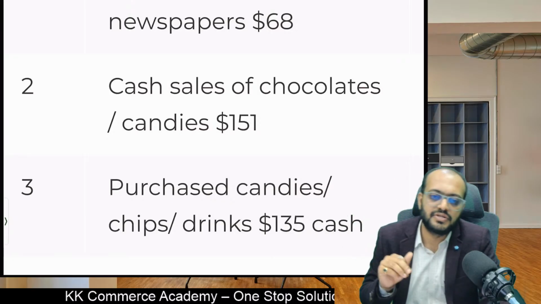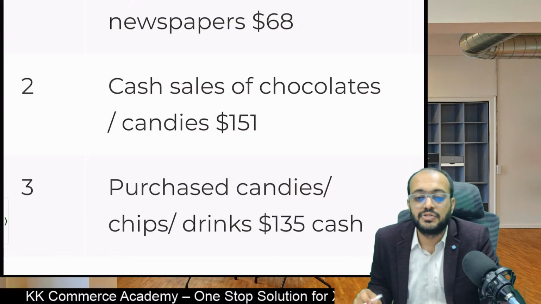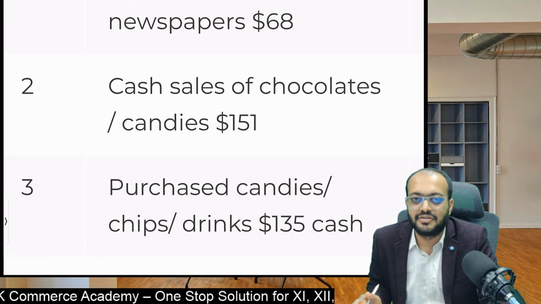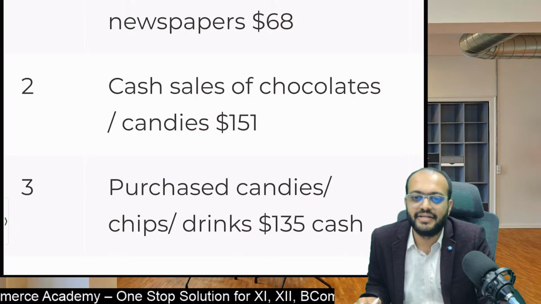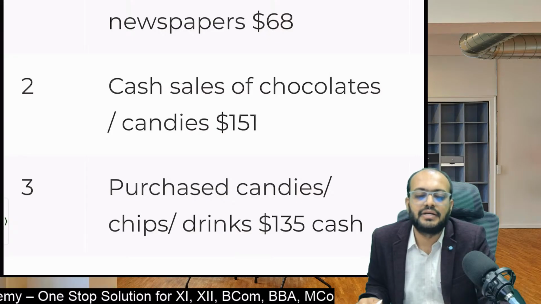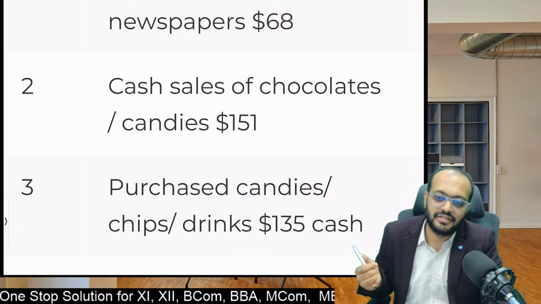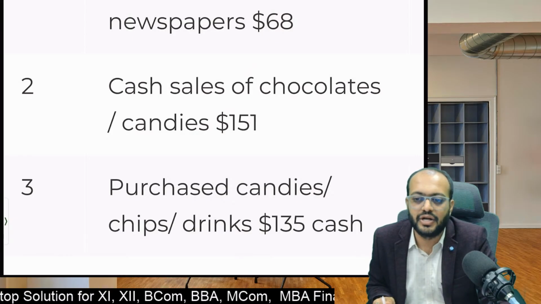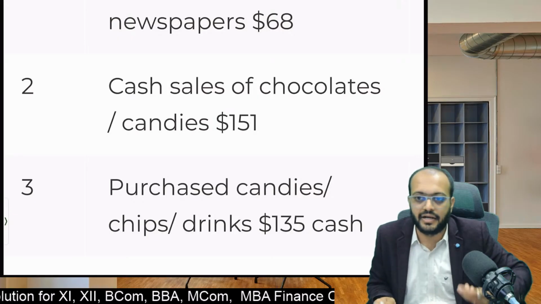These all are goods. So students, since we are purchasing this, there should be a purchase account, right? Because candies, chips, drinks are goods, so we have to use purchase account. And if you are purchasing the goods, definitely we have to pay cash. So cash account is already there, no need to draw it again.